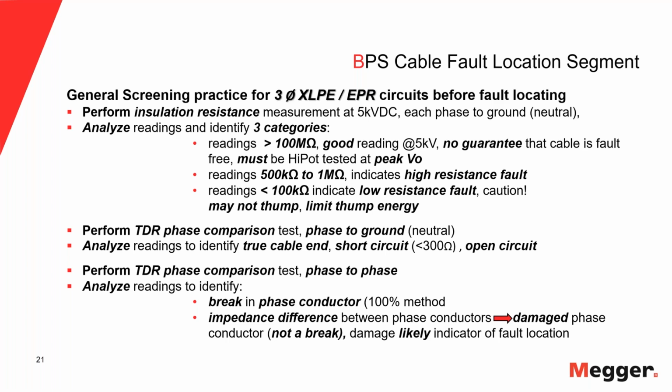That can be verified. We can do an absolute positive test to make sure we can see the cable end, because that excludes the other two possible findings, a short circuit and an open circuit. If we see the cable end, then we cannot have a short circuit and we cannot have an open circuit. If we cannot verify the cable end, then we might have a short circuit or an open circuit in the cable.